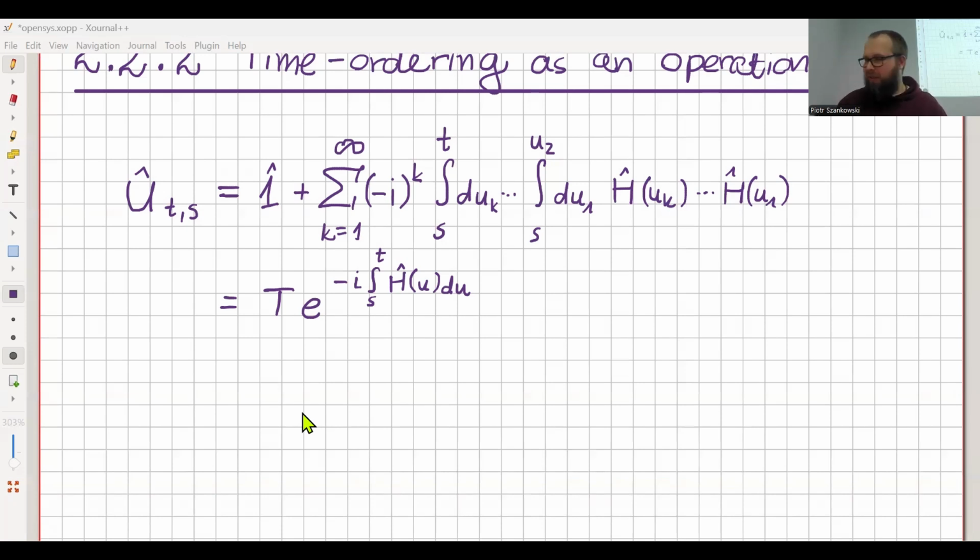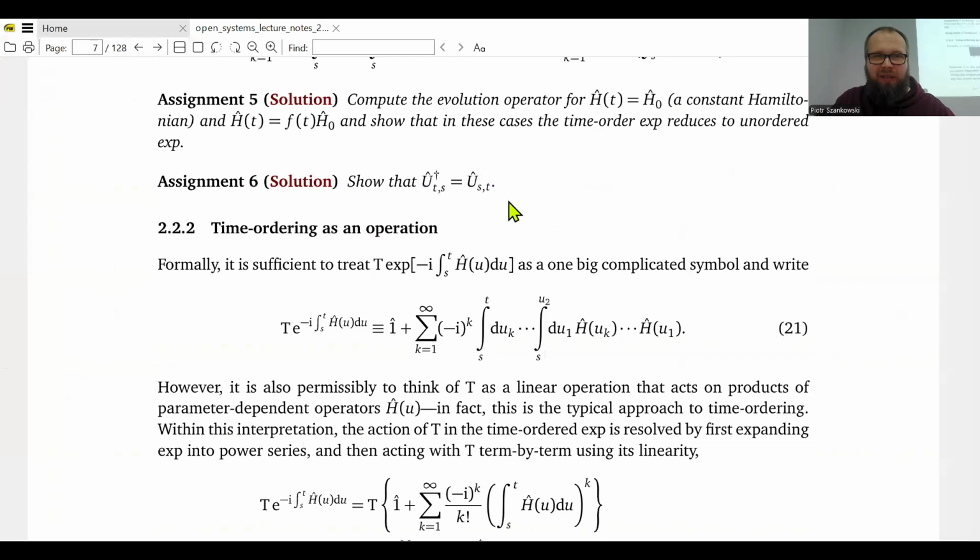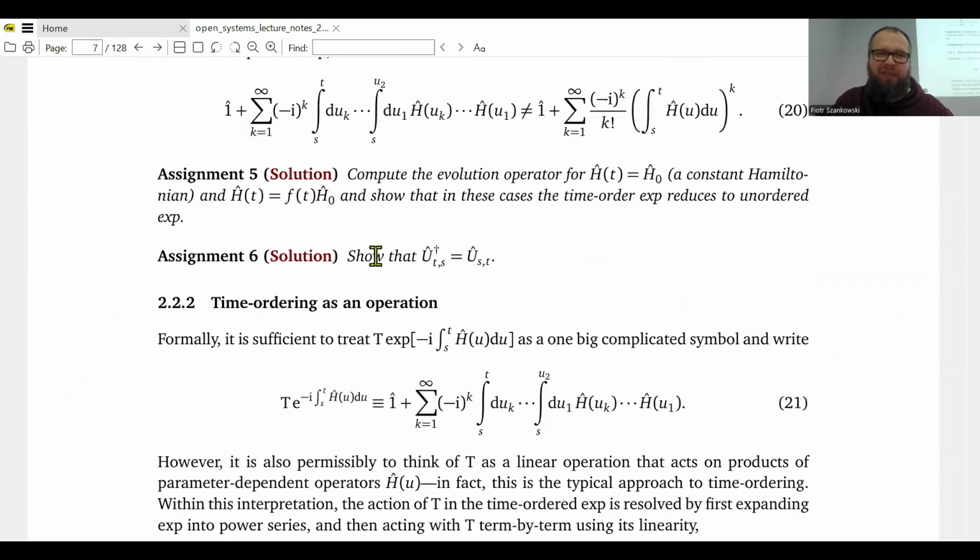So I will now jump to, before we continue with time ordering as an operation, first, let me do with you assignment 6, which I will quickly flash to you on the PDF. So assignment 6. This is quite simple.